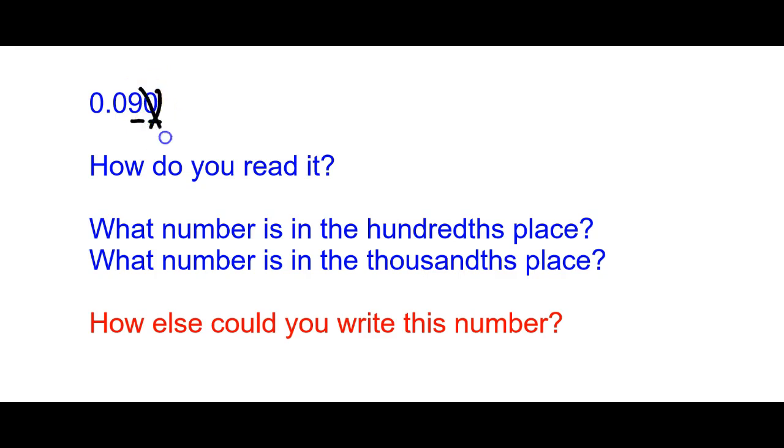So if we take it away, we can also write this number as 9 hundredths, because 9 hundredths is equivalent to 90 thousandths. It's okay to take that 0 away. It's also okay to have it. You just need to be aware that you can annex those zeros or take them away, and you have the same exact value. Okay, so that's the end of our lesson on number forms for decimals.